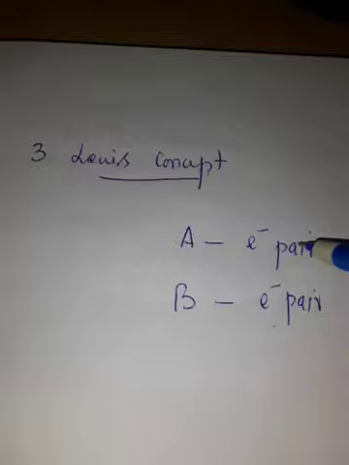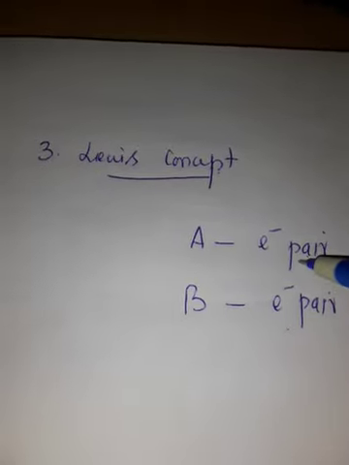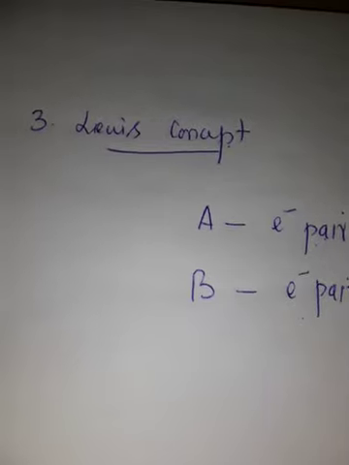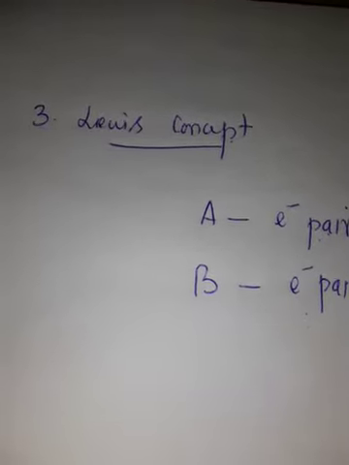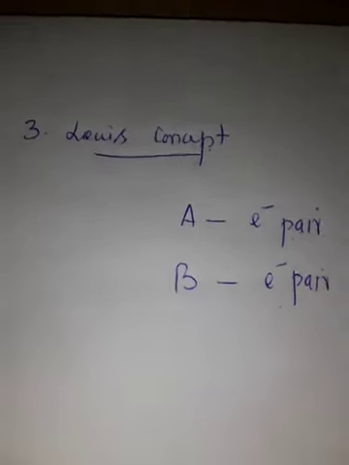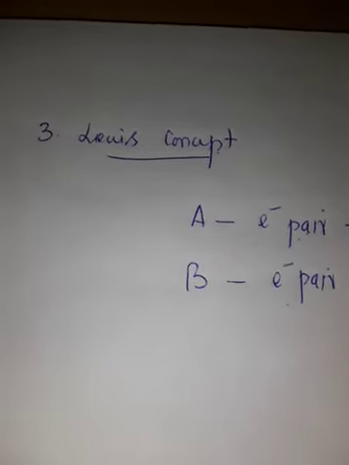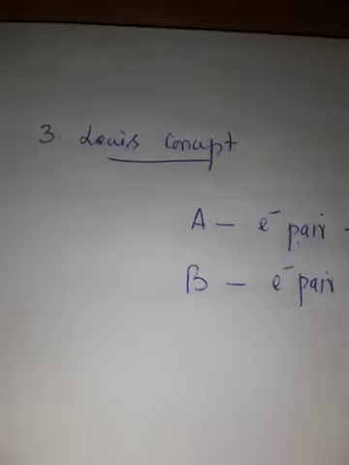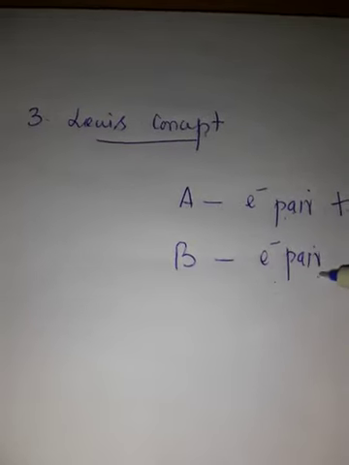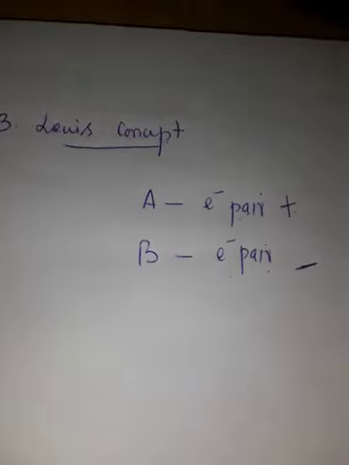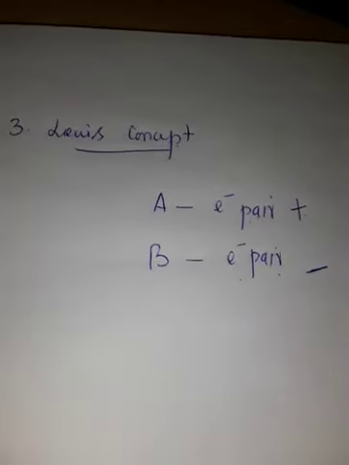Lewis acids mean accepting an electron pair. Lewis bases mean donating an electron pair. So a Lewis acid is a positive ion or an electron deficient molecule. A Lewis base is an anion or neutral molecule with at least one lone pair of electrons.